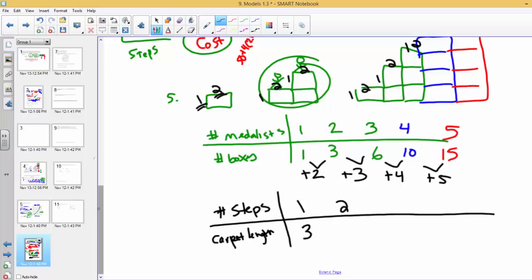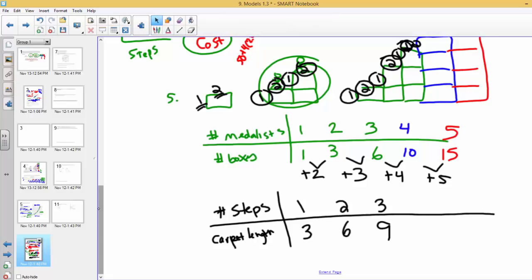For 2 steps, you have 1, 2, 3, 4, 5, 6 pieces of carpet needed. For 3 steps, you have 1, 2, 3, 4, 5, 6, 7, 8, 9 pieces of carpet needed. So do you see the pattern going on here? Try to do the pattern and try to fill out the rest of that table.